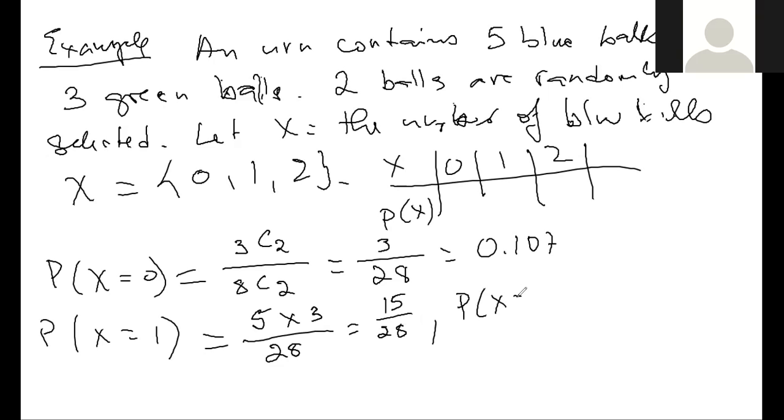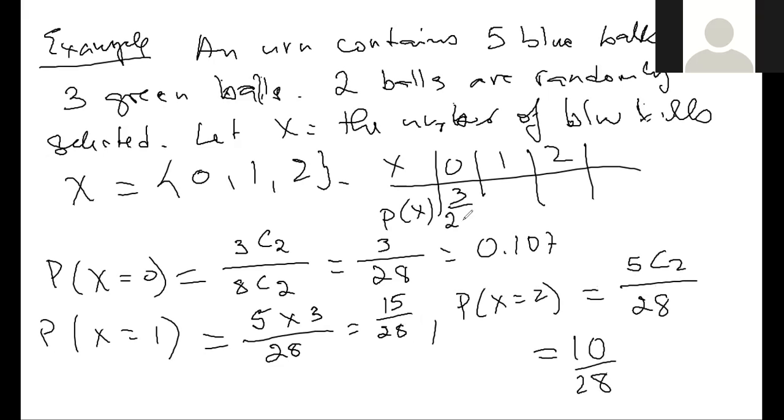And then P of X equals 2 is 5 combination 2 over 28. 5 combination 2 is 5 times 4 over 2. So we will have here 15 over 28, 10 over 28.